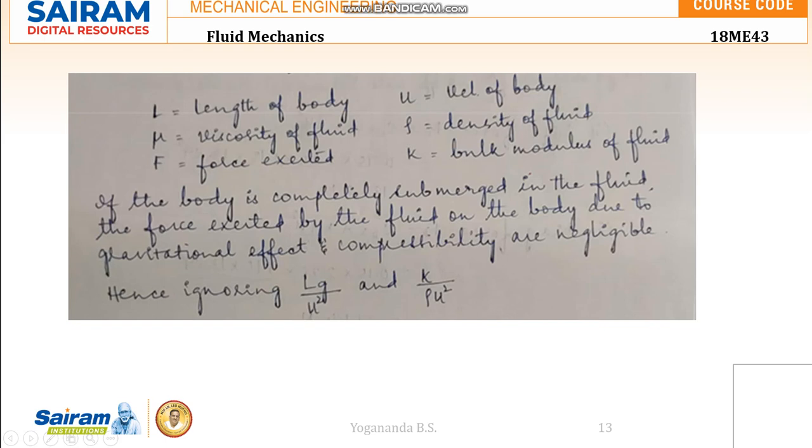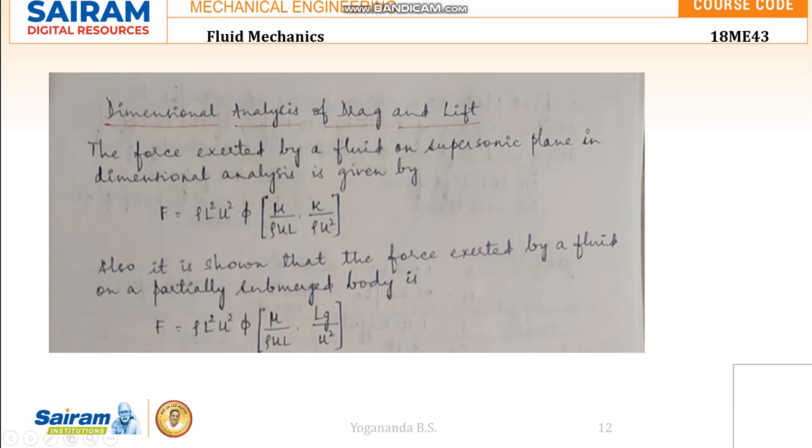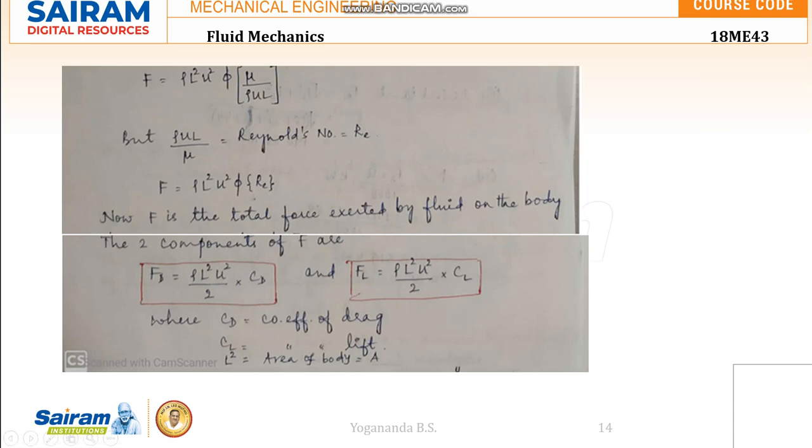So we have now F equal to, we have only this factor mu divided by rho U L. So F is the function of rho L square U square times a function of mu divided by rho U L. So the force exerted by the fluid on the supersonic plane is the function of this.